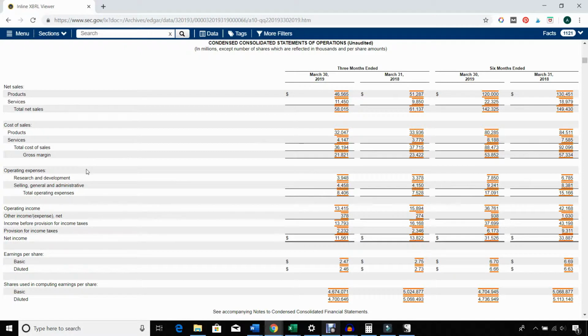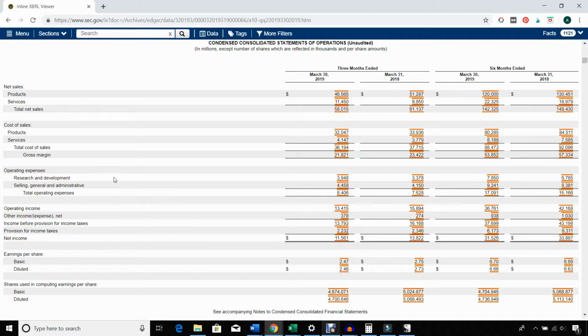Below the gross profit line, you'll have what are known as operating expenses. These are expenses that are not directly related to delivering a product or service to a customer, but they include expenses that the company still needs to incur to be able to sell those products or services.